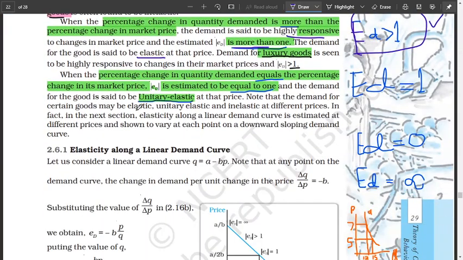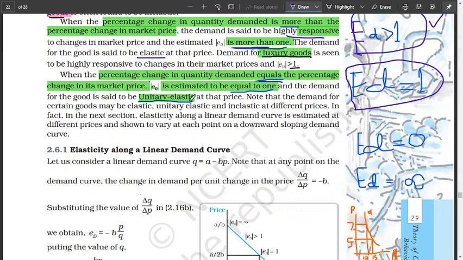The third type is when the percentage change in quantity demanded is equal, not more, not less, equal to the percentage change in price, then it is equal to 1. It is not elastic, it is not inelastic, it is unitary elastic. So that is the third type of elasticity. If you calculate, you'll get exactly 1.